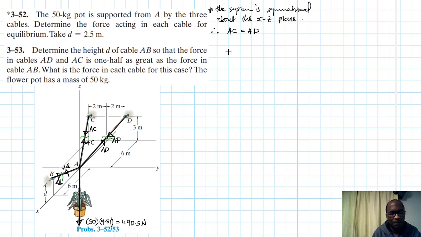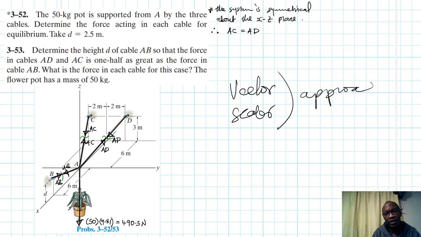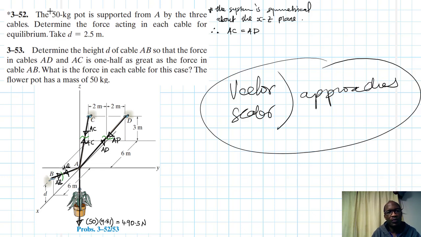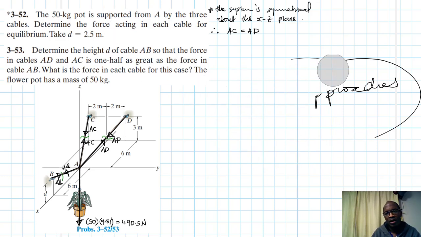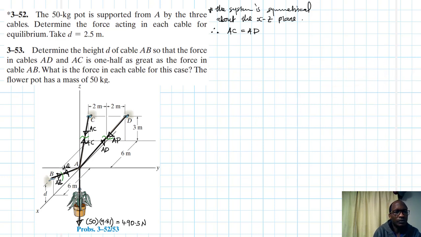So before we go further, we need to find the lengths. This particular problem, you can either solve it using the vector or the scalar approaches or the combination of both. For me, I'm going to go for the scalar. Let's find the magnitudes of all the cables. The reason we are doing that is because we want to use those magnitudes to compute unit vectors or slopes in the x, y, and z.